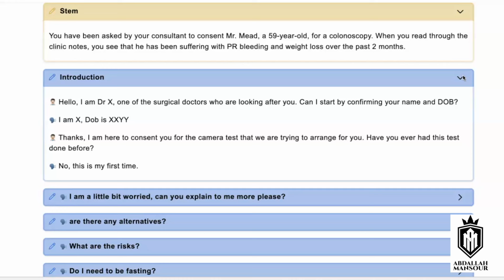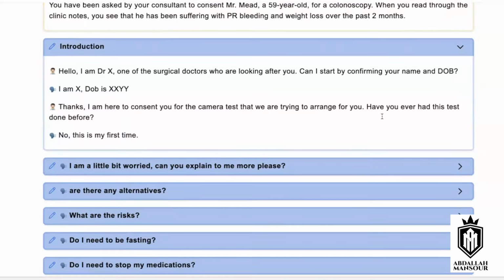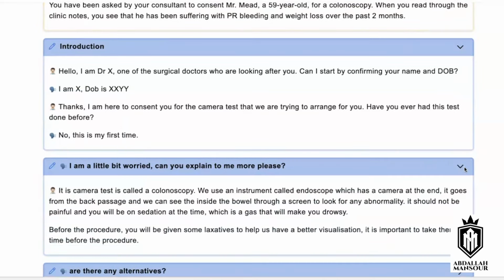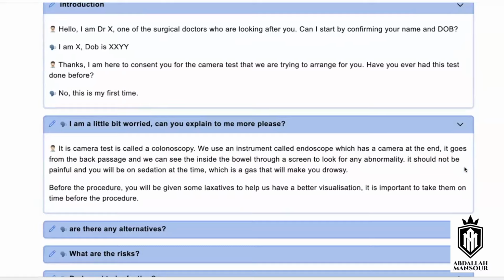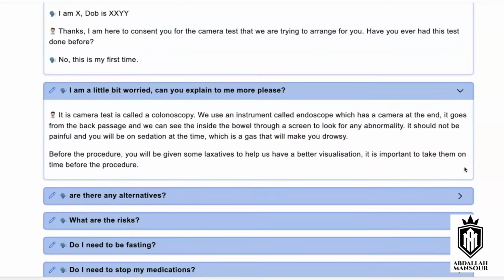This should not be painful, but we will be giving you sedatives, and this would make you a little drowsy. Also, we will give you some laxatives before the procedure, so that we will be able to better visualize what is going on. And it is important that you take them before the procedure. All right. Okay, that's fine.